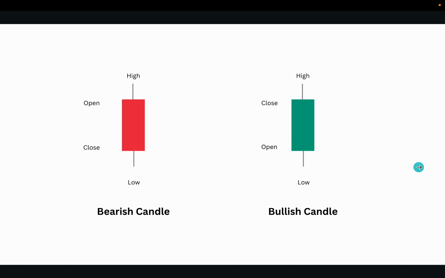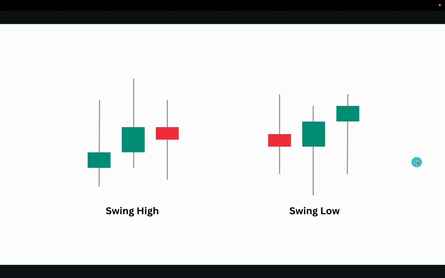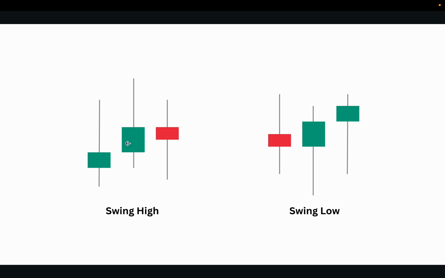So let us understand the different candles that are available and the PD arrays. The first PD array that we saw in the second slide is swing high and swing low. So what is a swing high? A swing high is a high which has a lower high on the left and another lower high on the right side.